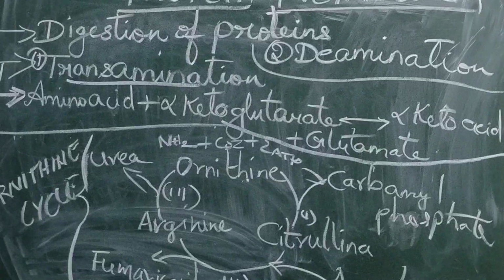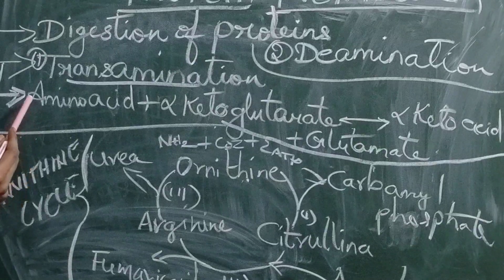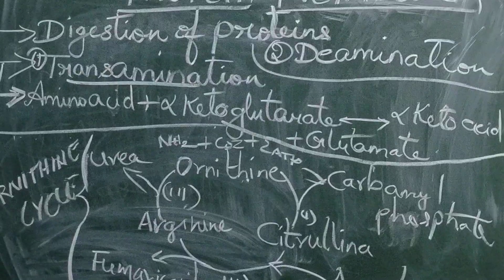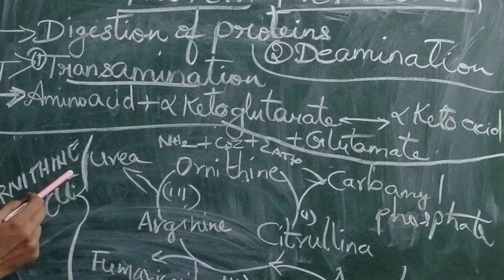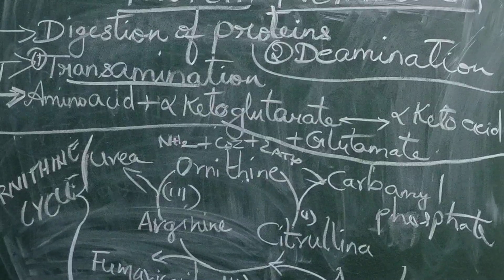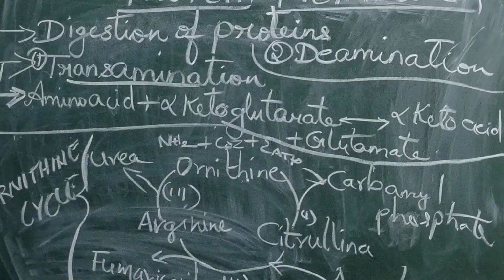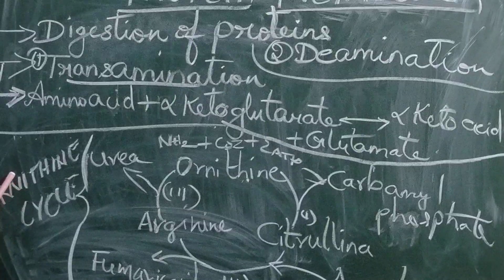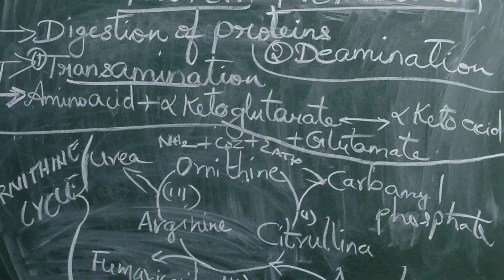So these are the two processes, transamination and deamination. Now we are going to see an important cycle, the ornithine cycle. Here I have represented it in a diagram. The ornithine cycle is also called the urea cycle.